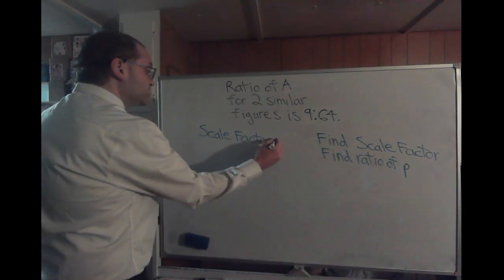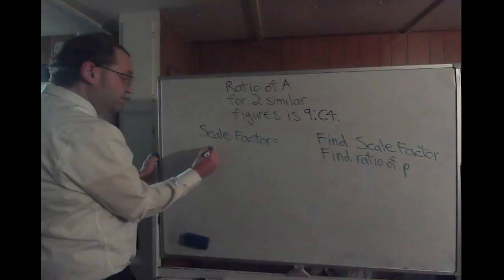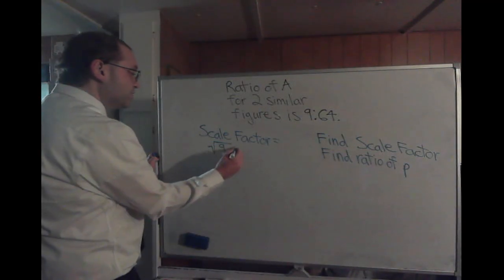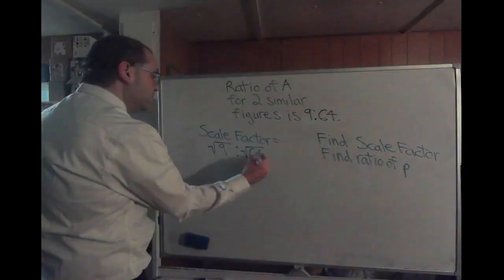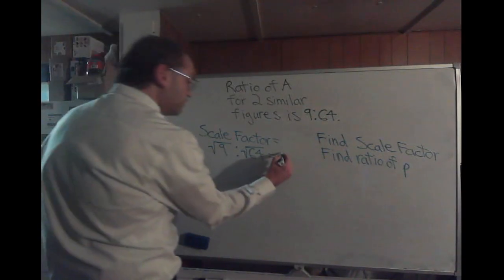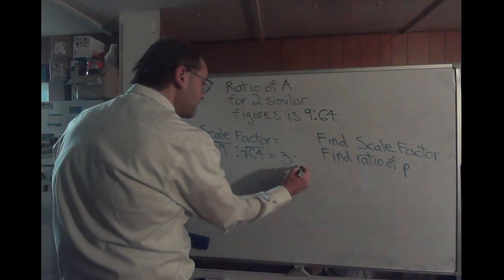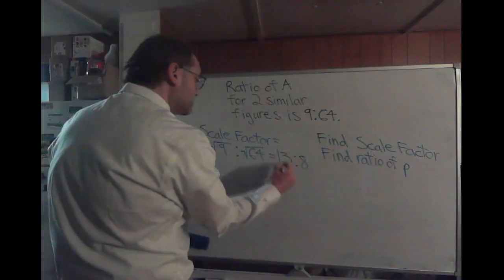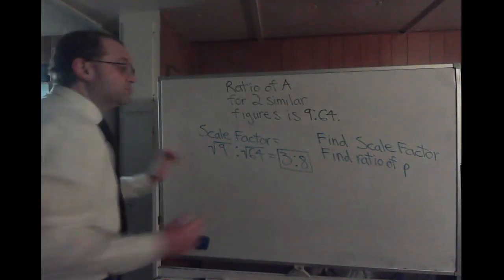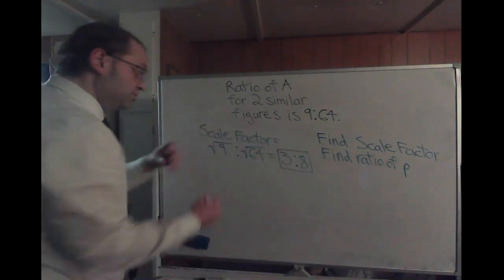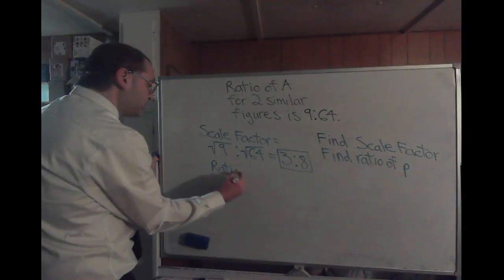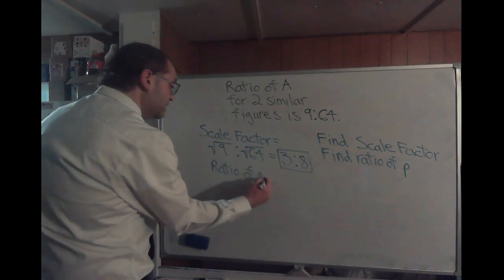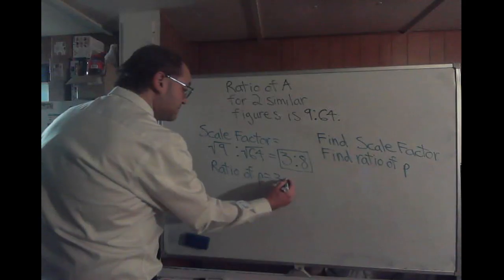We have to take the square roots of both parts of the ratio, so that would be the square root of 9 to the square root of 64, which would simply give you 3 to 8. So the scale factor of these two similar figures would end up being 3 to 8, which also means the ratio of your perimeters in this case is going to be 3 to 8.